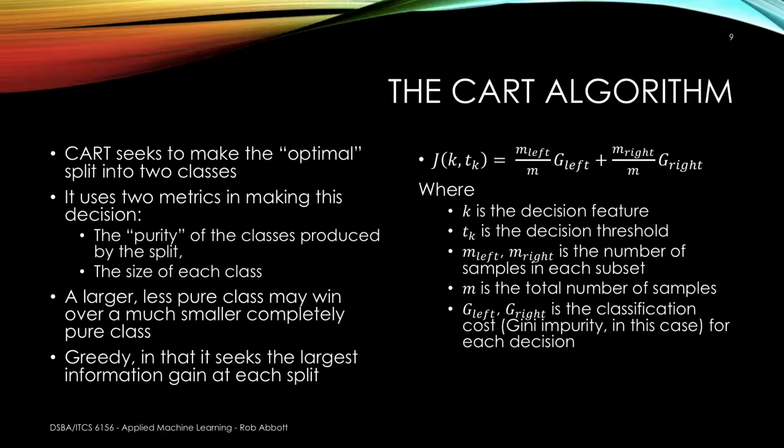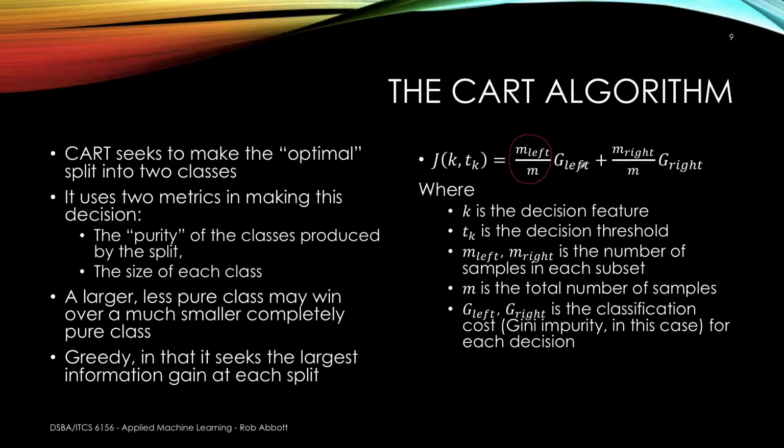In this case, our CART algorithm over here is taking the proportion of samples that are in the left subset, dividing it by the total number of samples. So we're basically weighting each of these Gini impurities to determine which decision is the best decision to make.